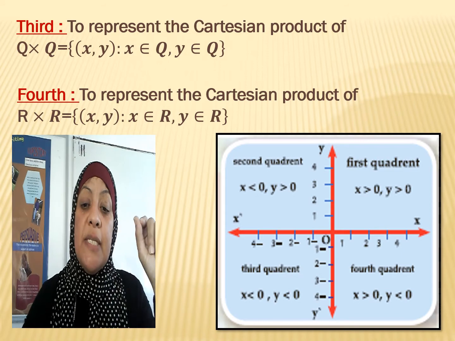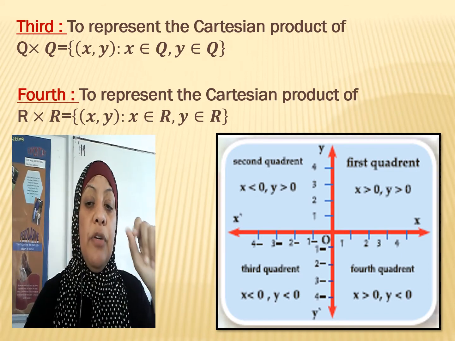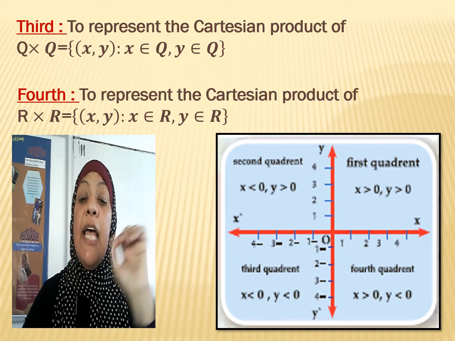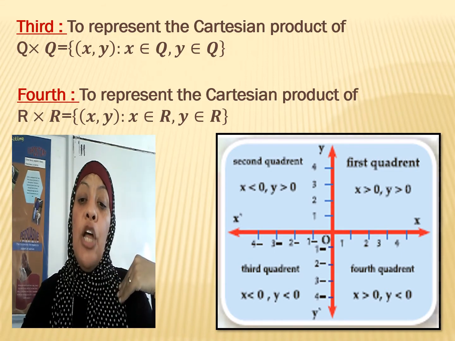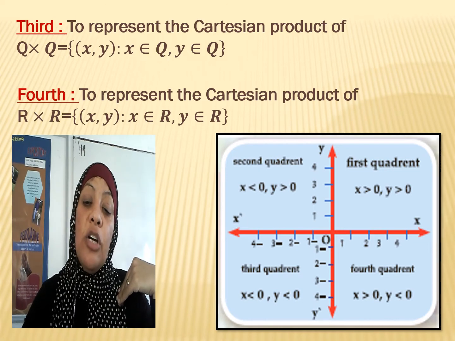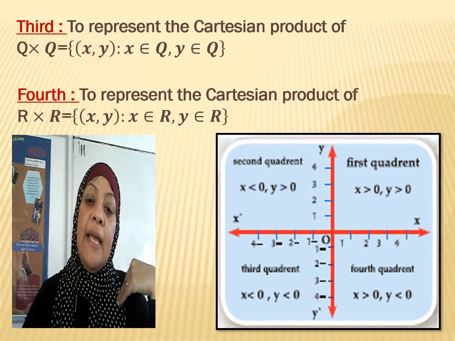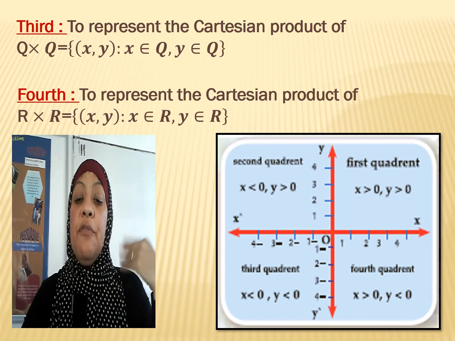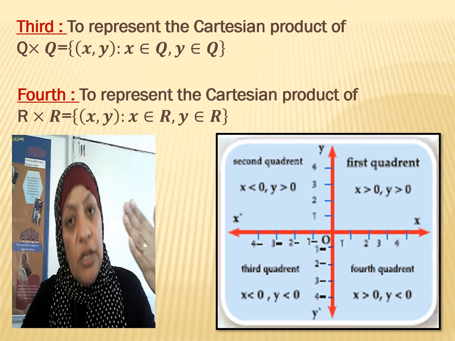So this quadrant is the first quadrant, and any ordered pair you find here is an ordered pair (a, b), where the first projection is a positive number and the second projection is a positive number.